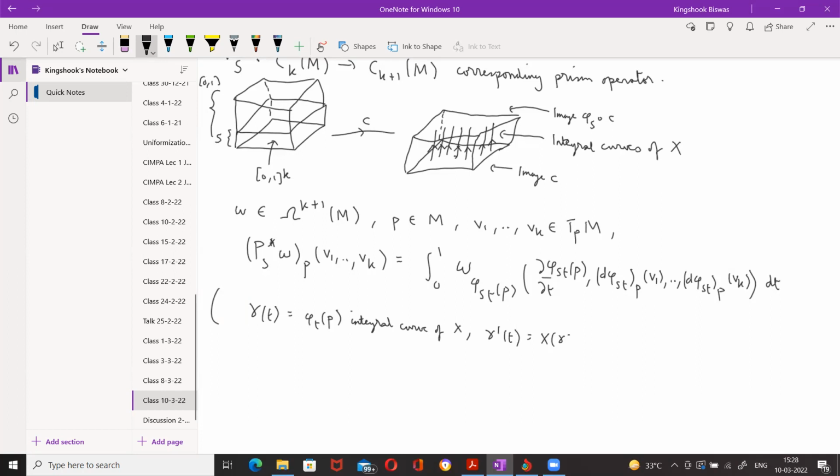And what is d/dt of gamma of st? By the chain rule, this will be s times gamma prime of st, right? So this equals s times X of gamma of st.